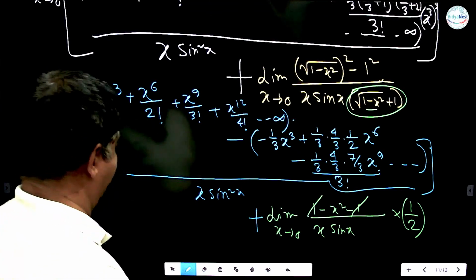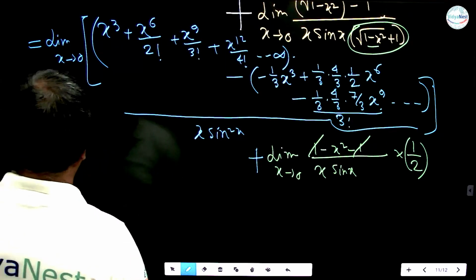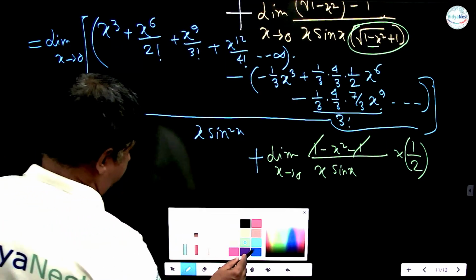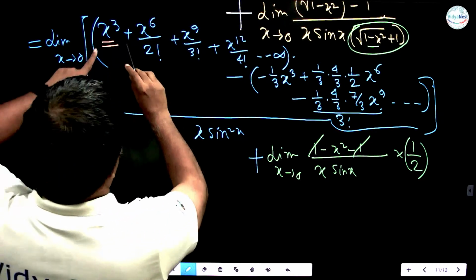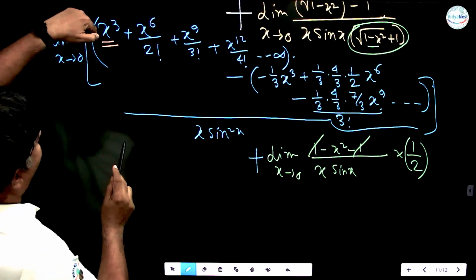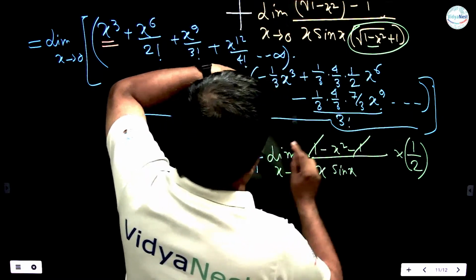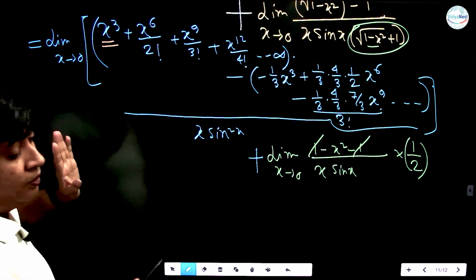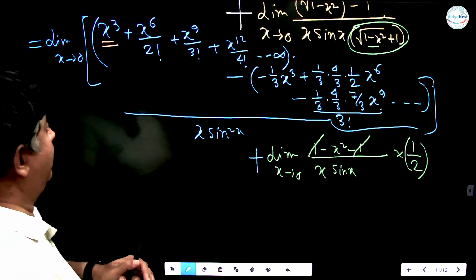See, we are taking this x cube because in this first bracket, minimum power of x is 3 and here minimum power of x is 3. So we are allowed to take x cube common.